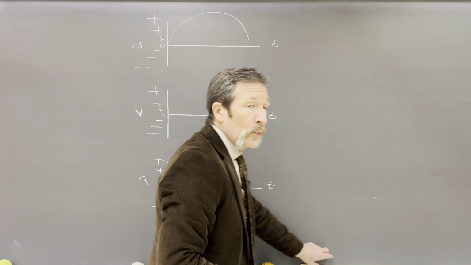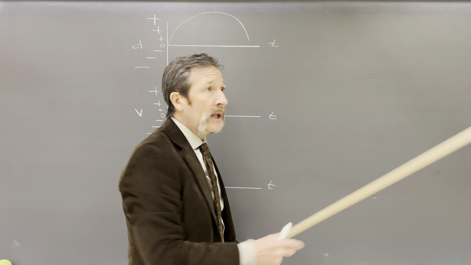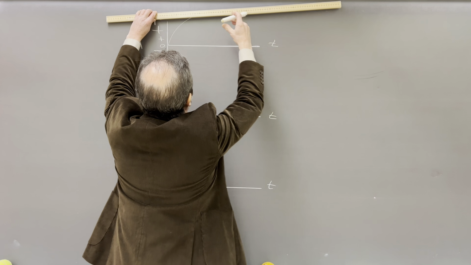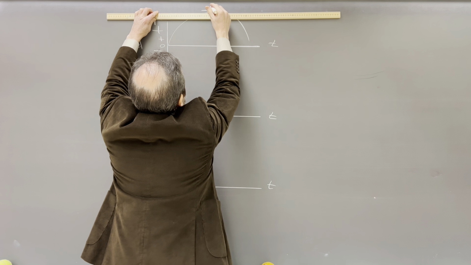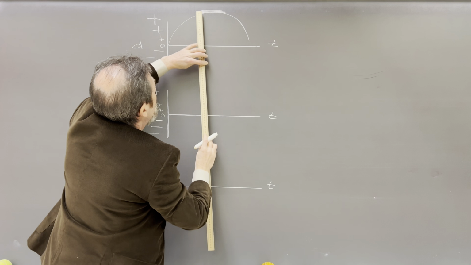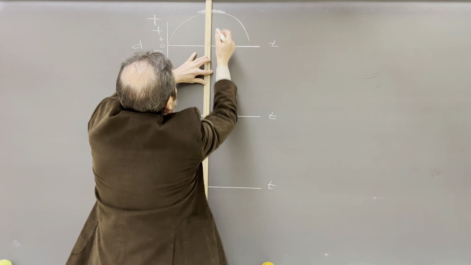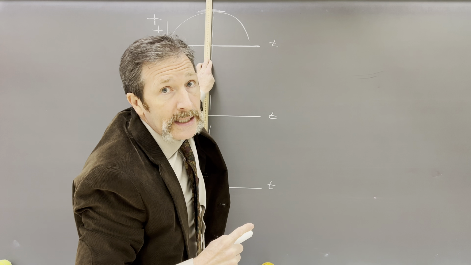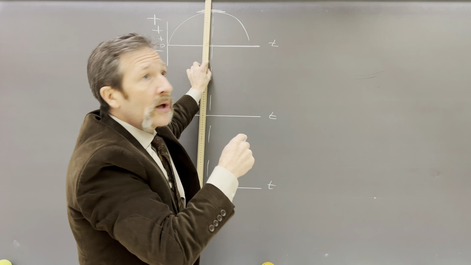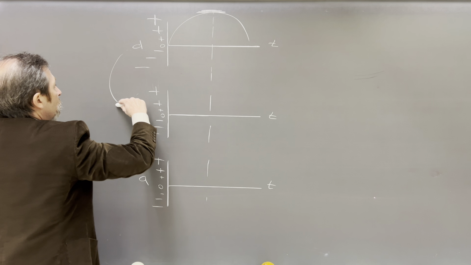Anyhow, we know that the slope of a line on a distance versus time graph, if that's a tangent line right there, gives us our velocity, aka a derivative.